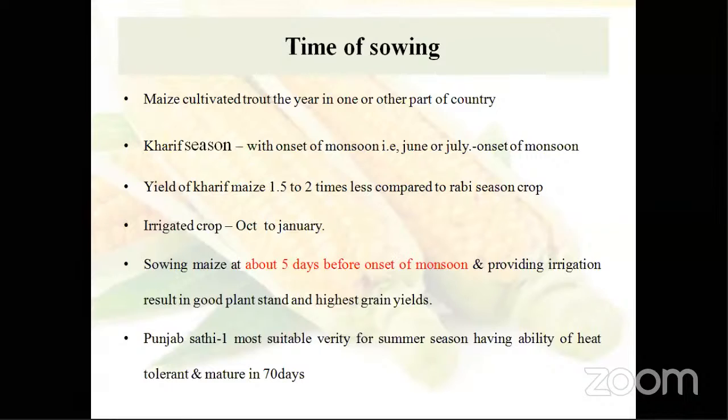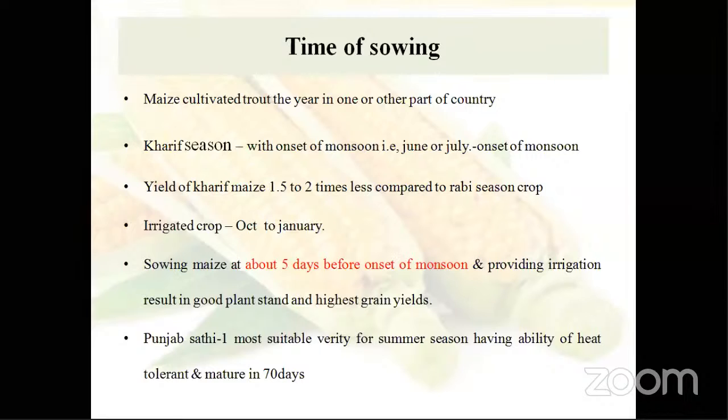That's why the photosynthetic process is reduced. Other than this, when it is mostly cloudy, pest and disease occurrence is also more. These are all the reasons for low yield of Kharif maize compared to Rabi maize.